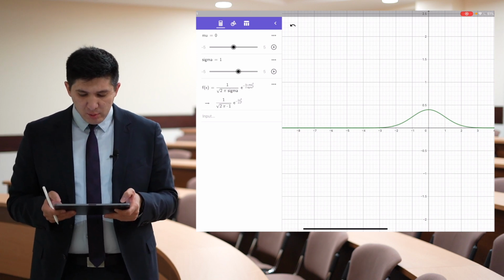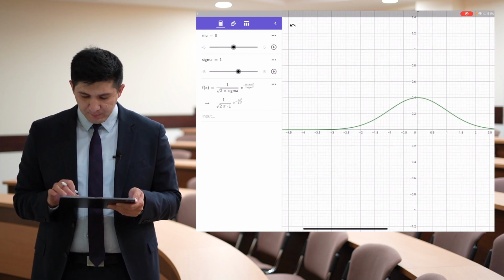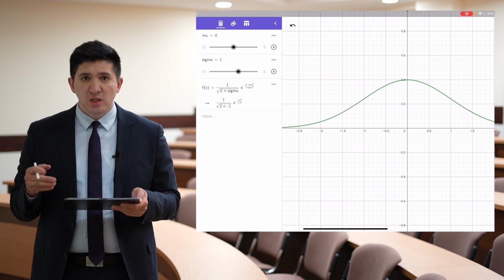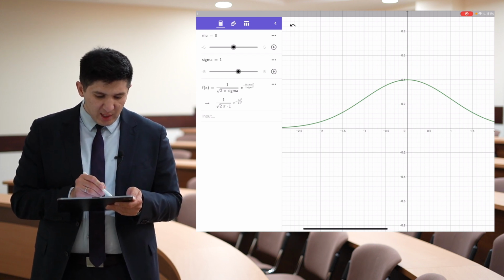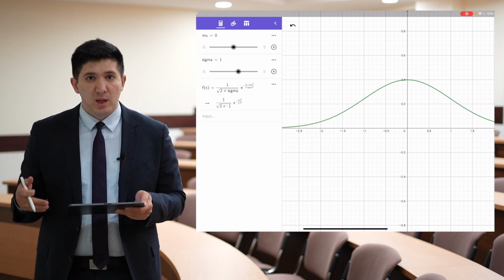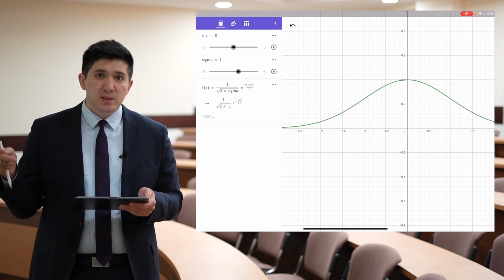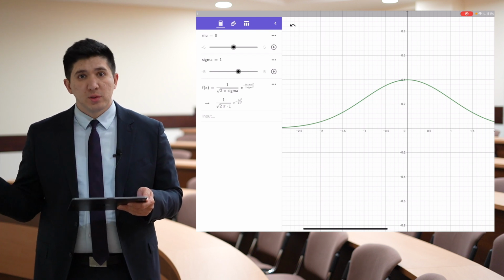Here I drew this function for mu equal to 0 and sigma equal to 1. Maybe you already understand how it is going to change from the transformations of the function. Here, with the x, I'm subtracting the mean from the x. If you subtract some constant from the x, your curve is going to move in the horizontal direction.